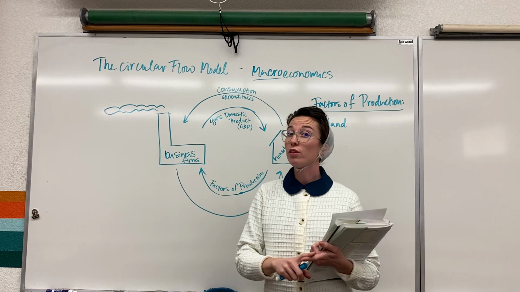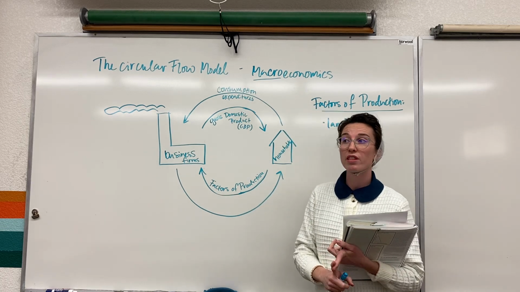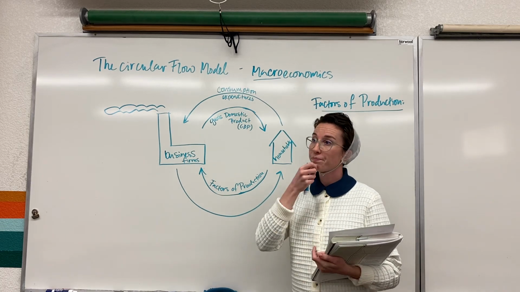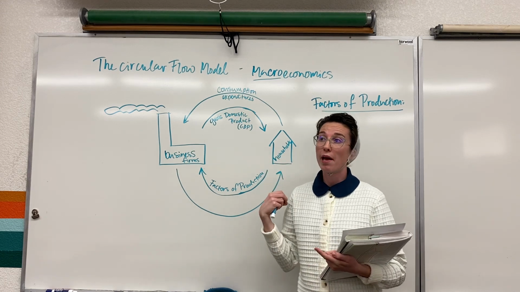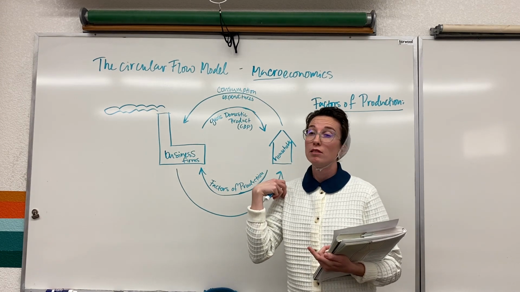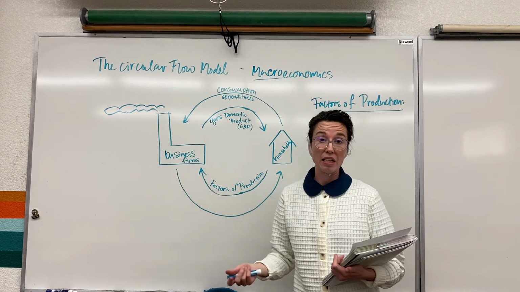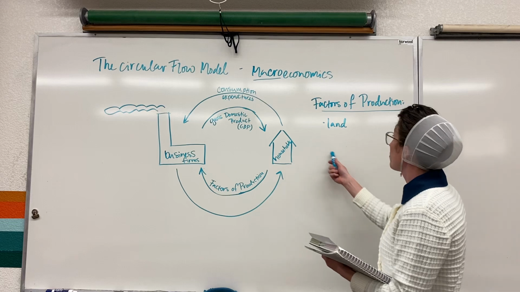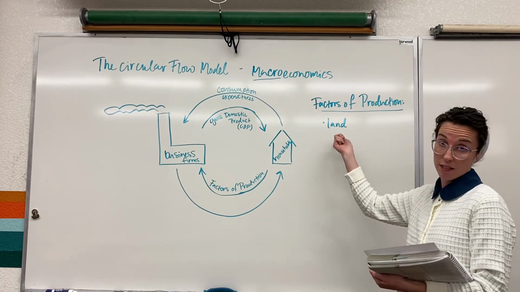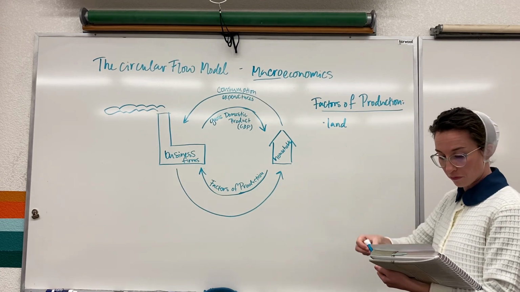So it would include things like ground, but it would also include things like animal products, materials that are mined, crops, different things like that. That would all be included in land, okay?